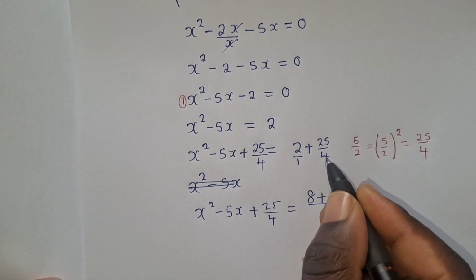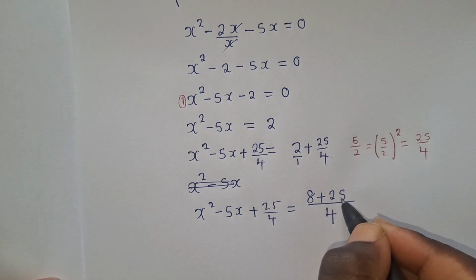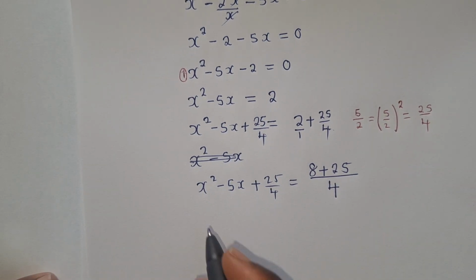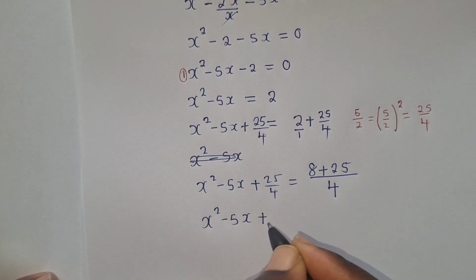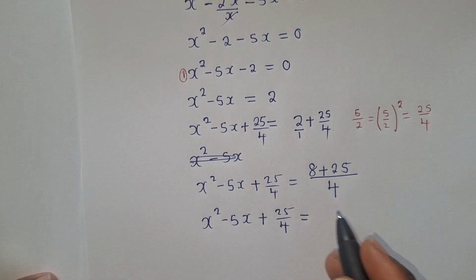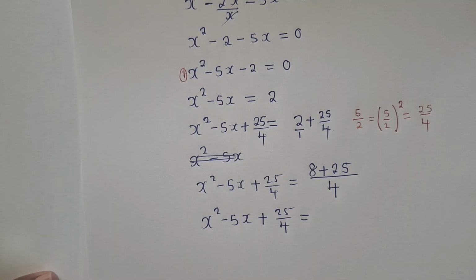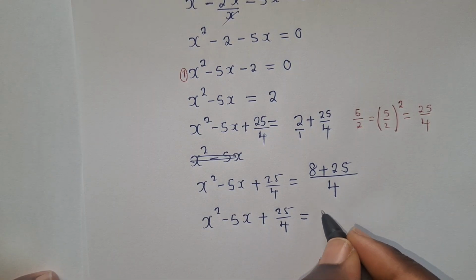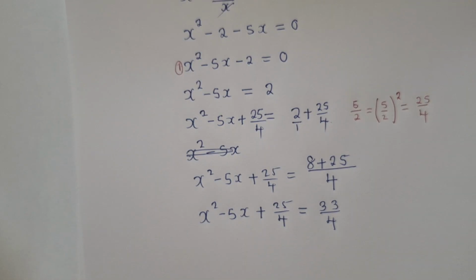And then we say plus 4 into 4, it's 1. 1 times 25 will still give us 25. So we've got x power 2 minus 5x plus 25 over 4 is equal to, when we add these two, what are we getting? We are simply getting 33, if I'm not mistaken. That's 33 which we are getting, okay? So we can write 33 over 4. This is what we're getting.